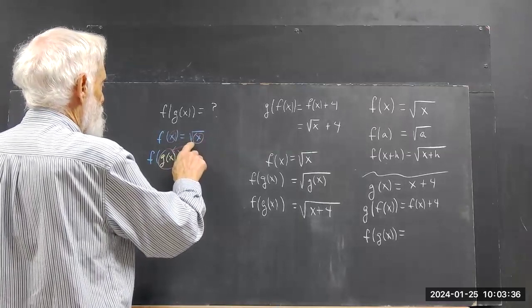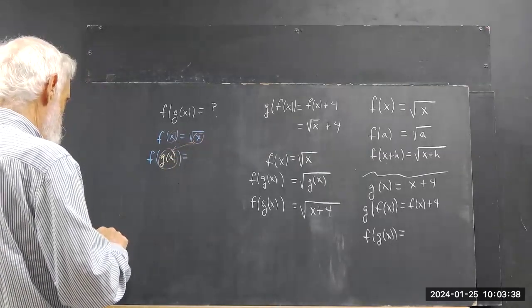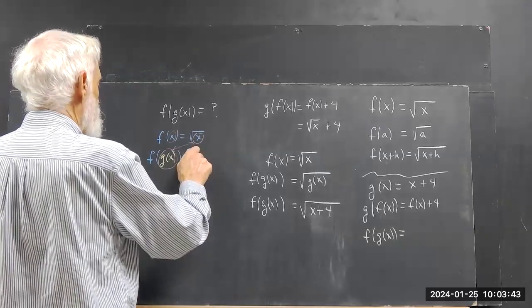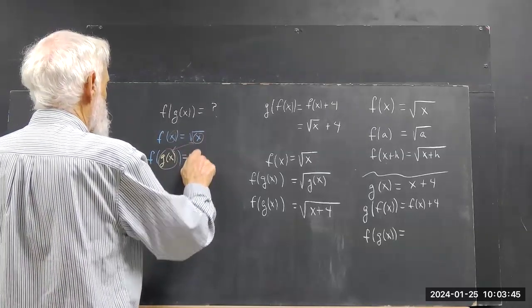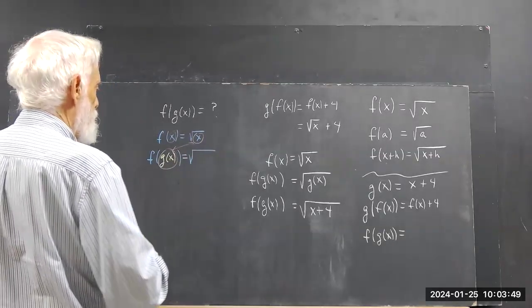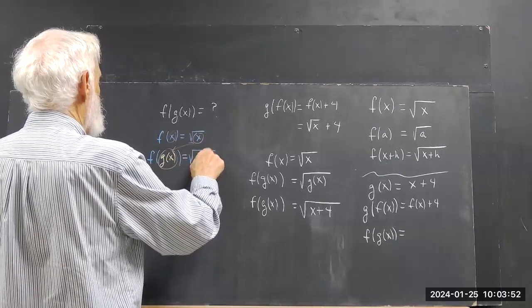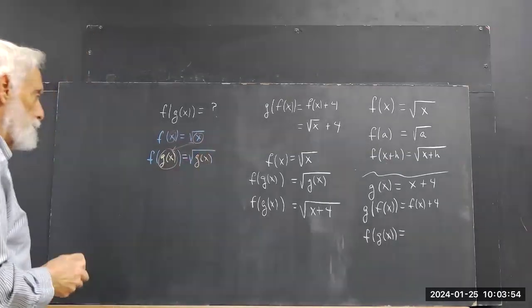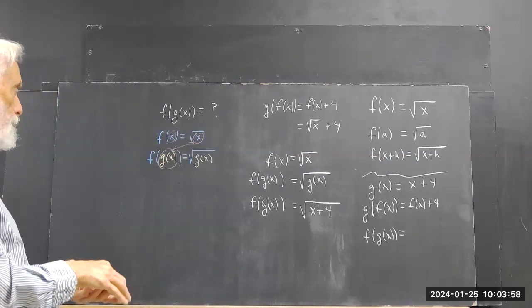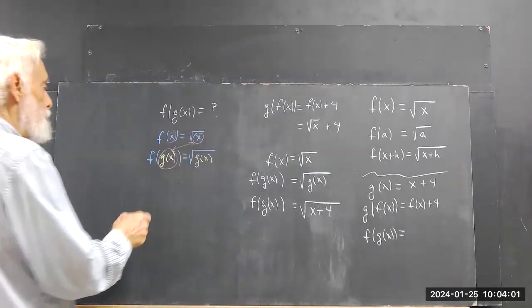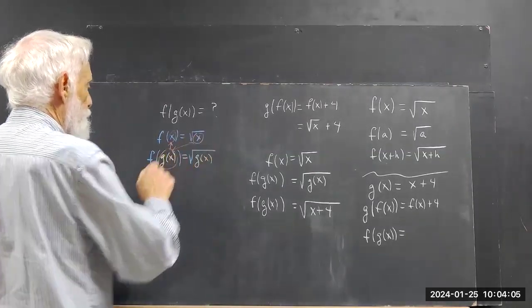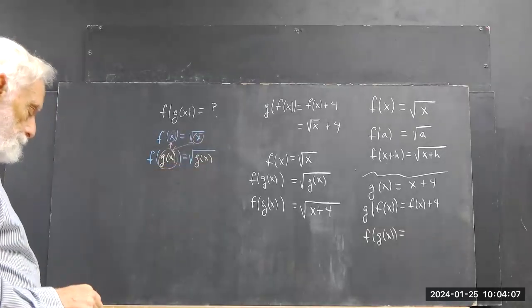So I get the square root of g of x. X has been replaced by g of x. So this x replaces g of x. So we've got g of x.